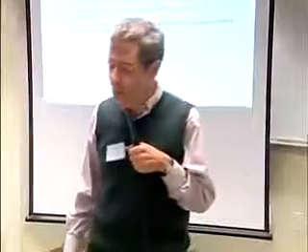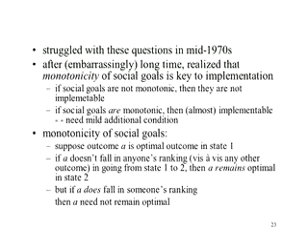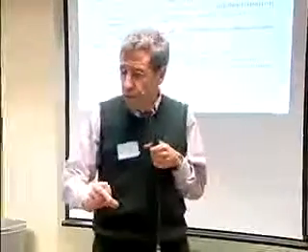I've mentioned the term, but now let me say what it is. So here, this is the definition. Social goals are monotonic if the following thing holds. Let's imagine that in a given state, state 1, outcome A is optimal. And now we move to another state, we'll call it state 2.